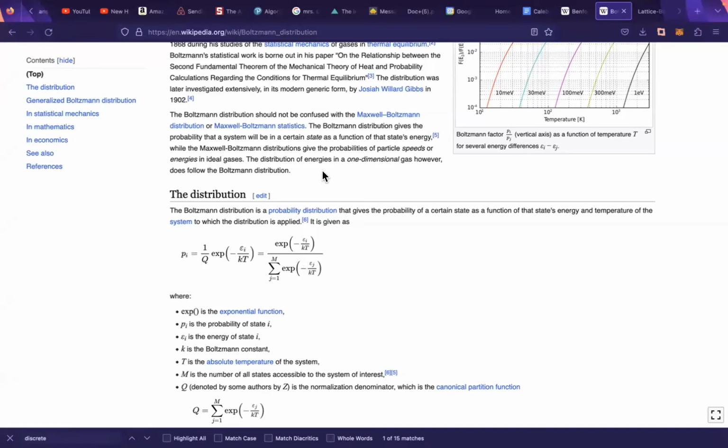The form of the distribution is given here, and a lot of these symbols you can choose to normalize to 1. Usually k is 1, Q is 1, and so you're left with a probability that's normalized between 0 and 1.